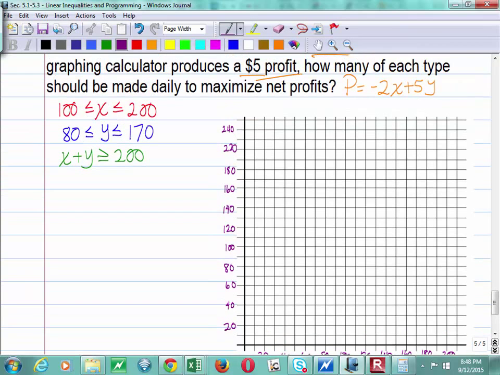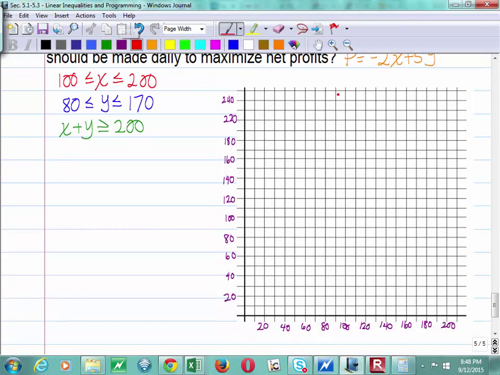Alright, so x has to be between 100 and 200. So that's going to be a vertical line at 100 and a vertical line at 200. I know my feasible region has to be between those two vertical lines.